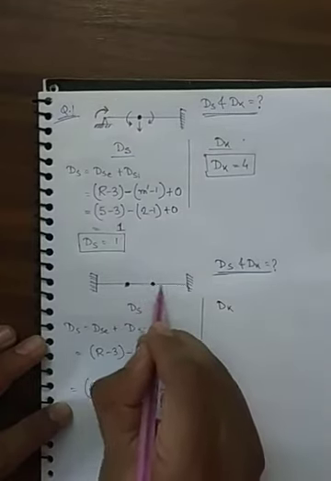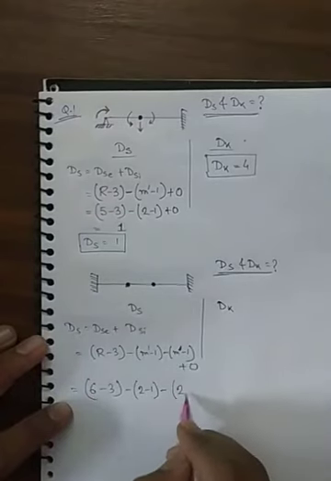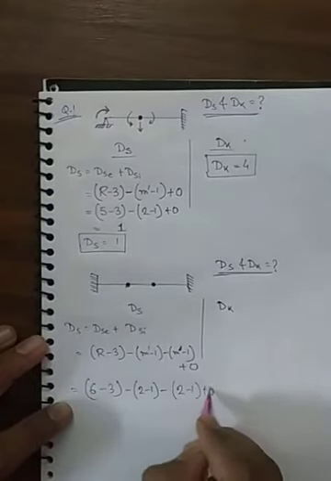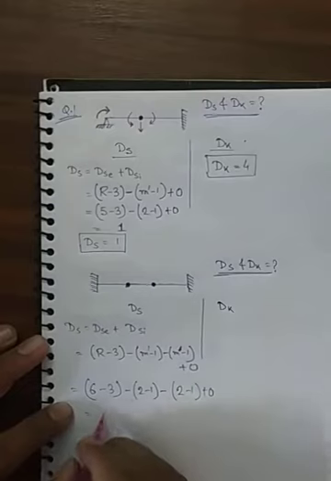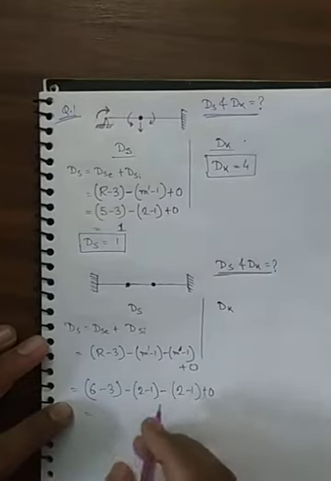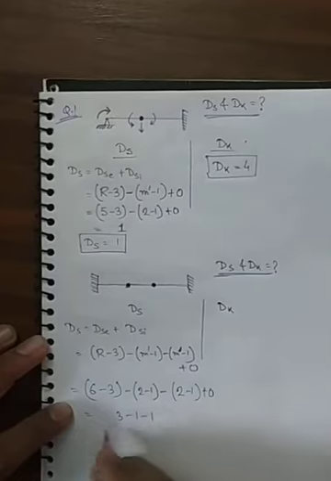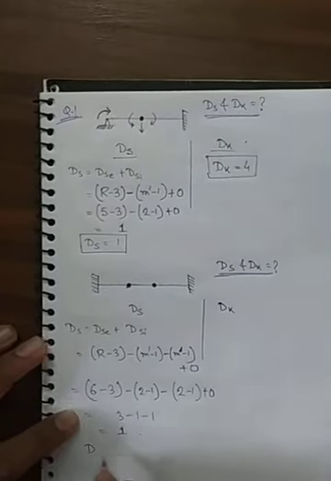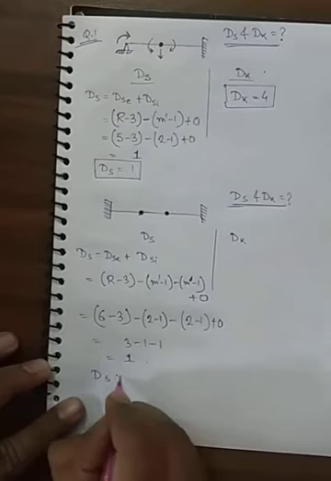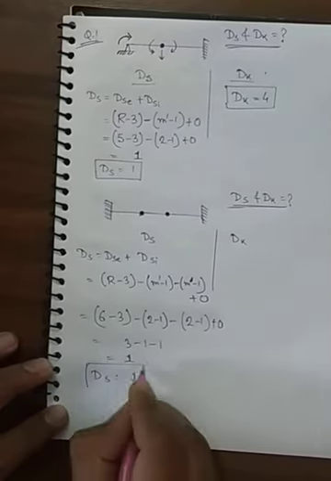So 1, 2, so 2 minus 1 plus 0, so how much? 6 minus 3 is 3, 3 minus 1 minus 1 plus 0, so 1. So here your DS value is 1 also.